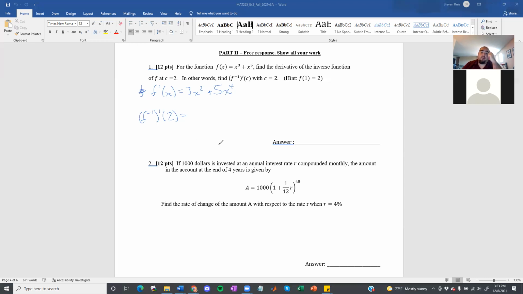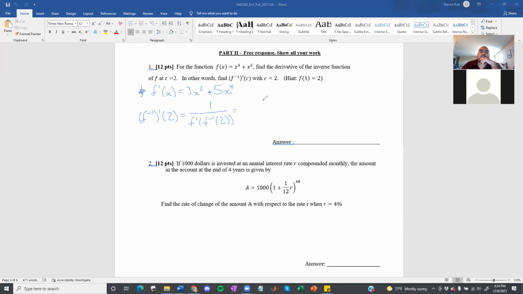Okay. So it's 1 over f prime of the inverse of whatever our base point that we care about is. So we should know all this stuff now.